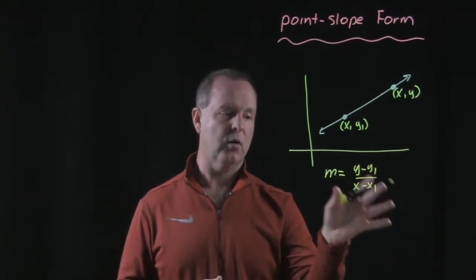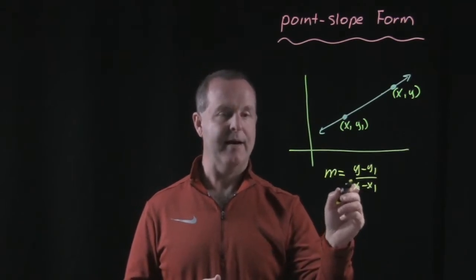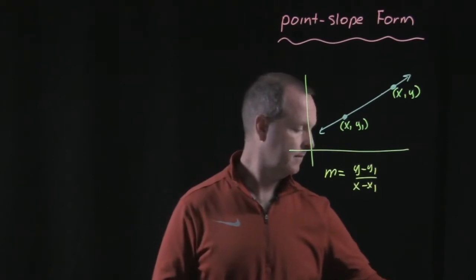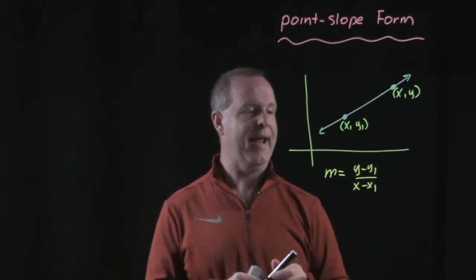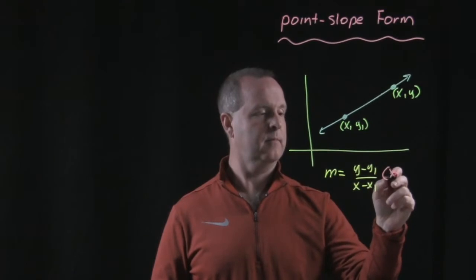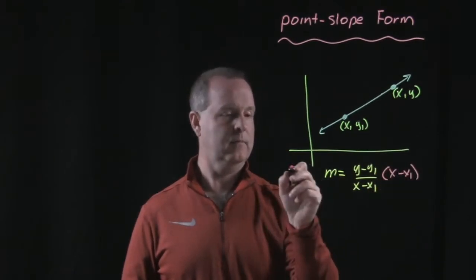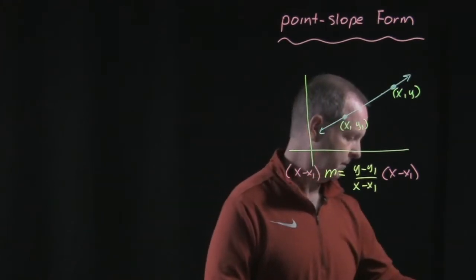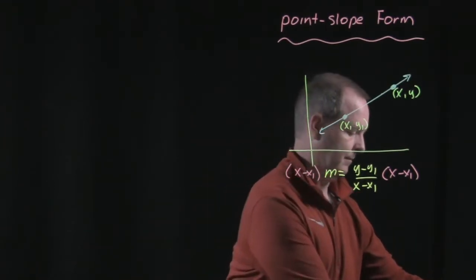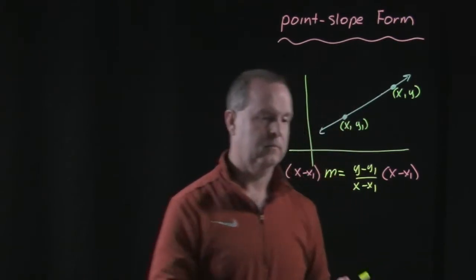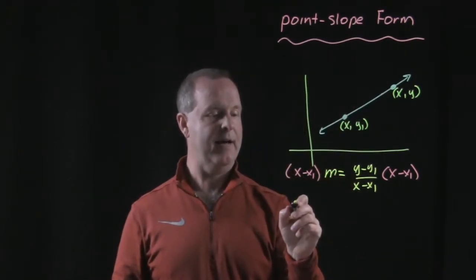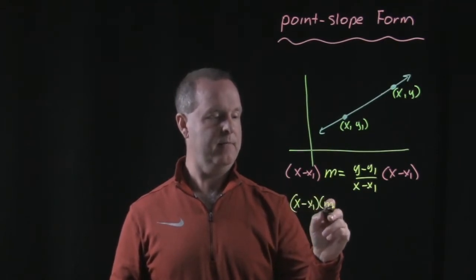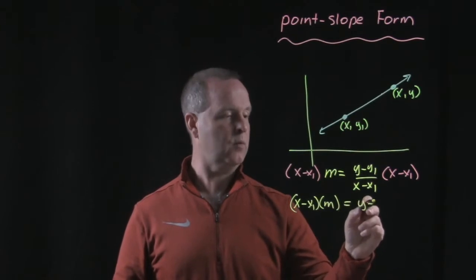Then I could rewrite that so that I would eliminate the fraction by multiplying both sides by x minus x1. And then what I have is x minus x1 times m equals y minus y1.